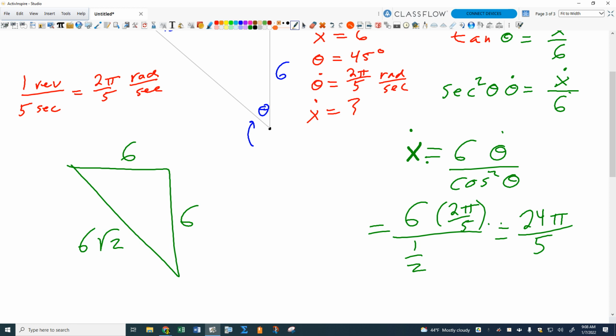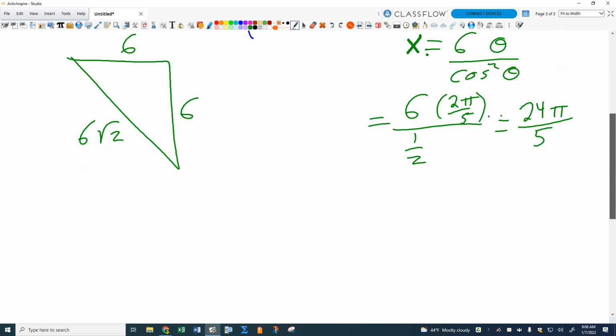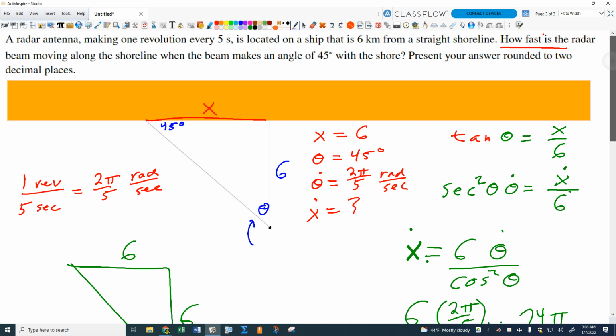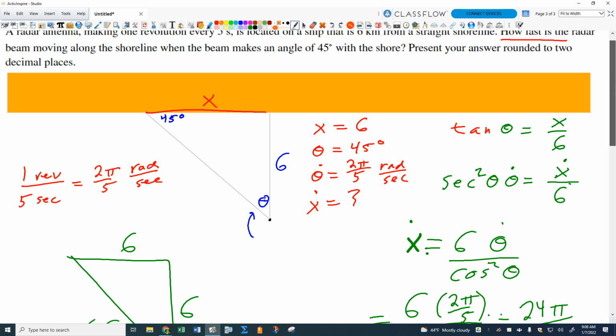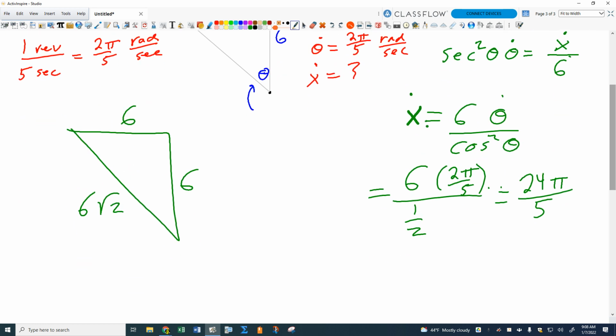Oh no, I'm sorry, not radians. What are we measuring here? We're measuring kilometers per second. That's pretty fast. But it would be moving pretty fast. That makes sense. Okay?